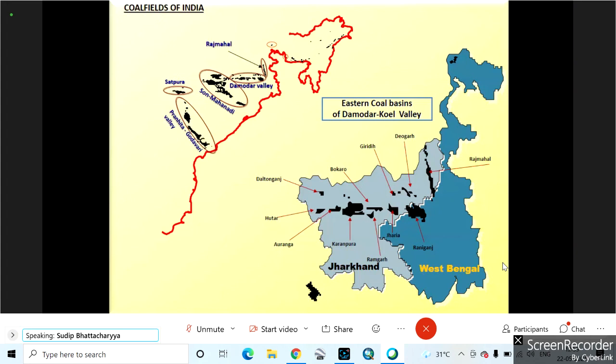We have high rank coal, and only from the Jharia coal field do we get the prime coking coal of India, right over here.